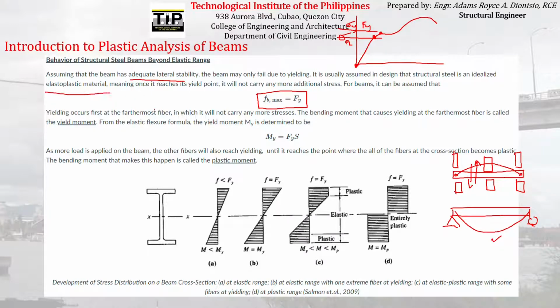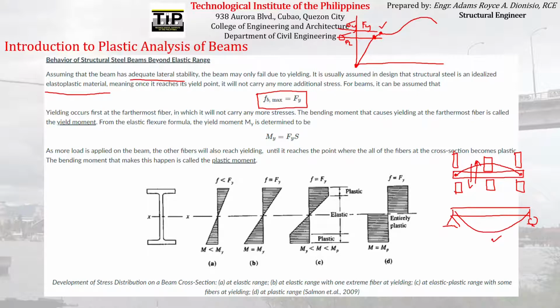When we say elastoplastic, once na naramdaman niya na yung yield stress na property niya, once na nakarating na dito sa stress na 'to, it will no longer carry any more additional stress. Okay, kumbaga 'yan yung ginagawa nating limit, 'yan yung failure kumbaga na sinasabi natin.